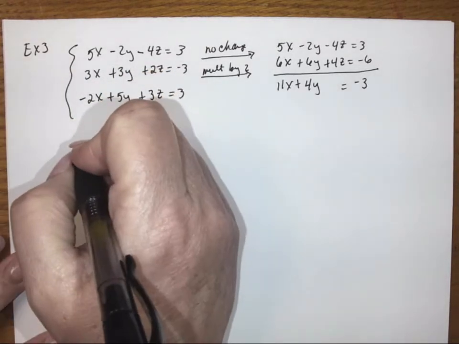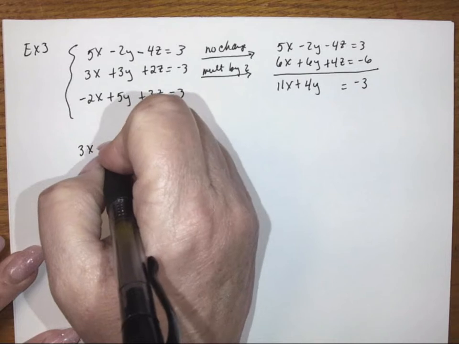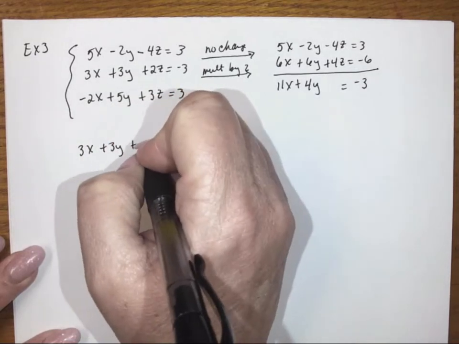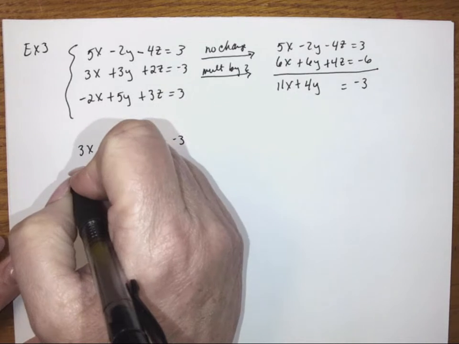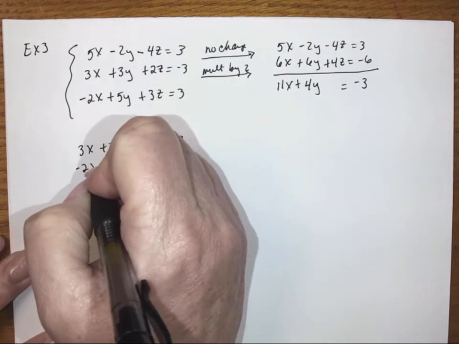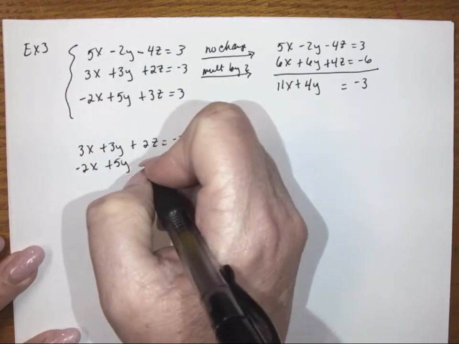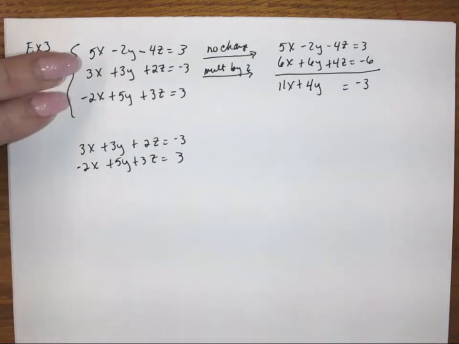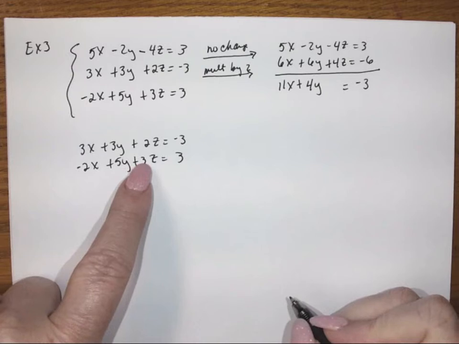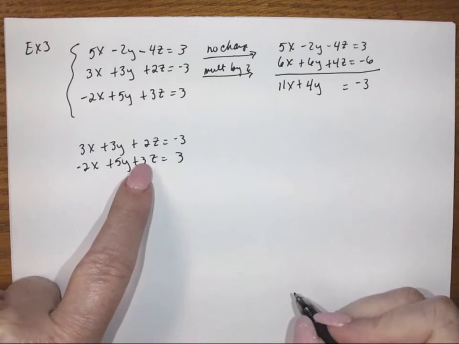So I will have 3x plus 3y plus 2z equals negative 3. And I have negative 2x plus 5y plus 3z is equal to 3. So I'm choosing those last 2 equations. So if I'm trying to get rid of z, one of them I have to multiply by a negative, one of them a positive.